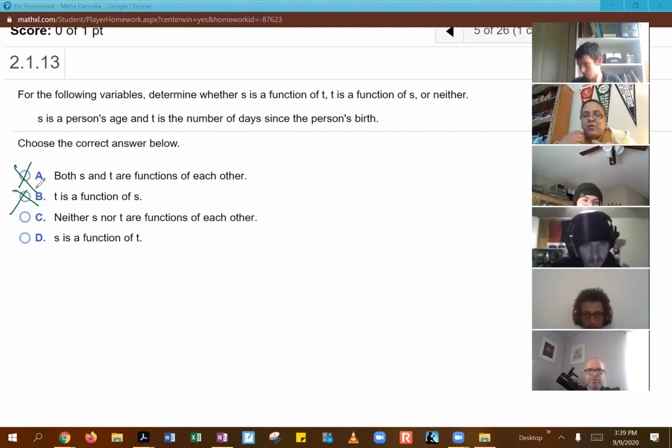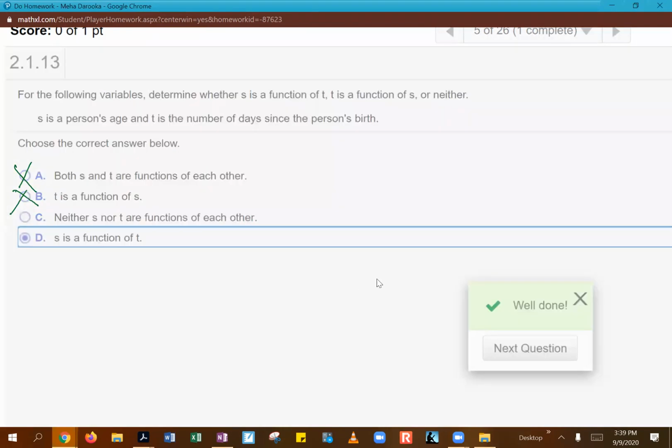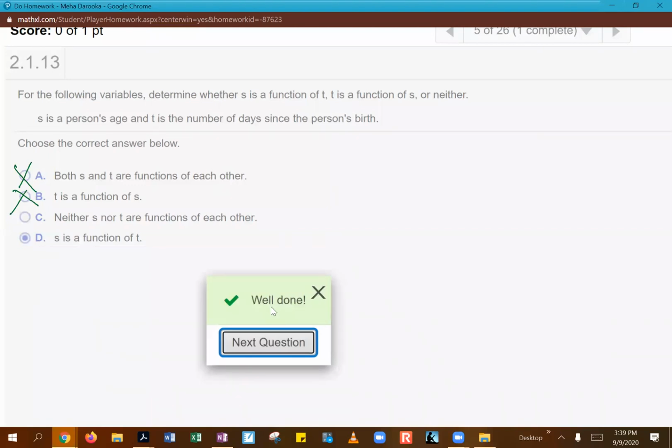So if they've been born for 5,677 days, of course we can work backwards and calculate, though that person would be really, really old if they've been around for 5,000 some odd days. But we can still calculate. So that's going to be option D. Very nice, so you can see that one definitely works out in our favor.